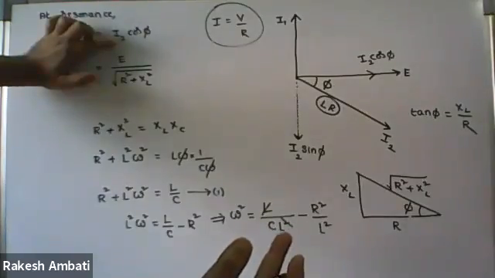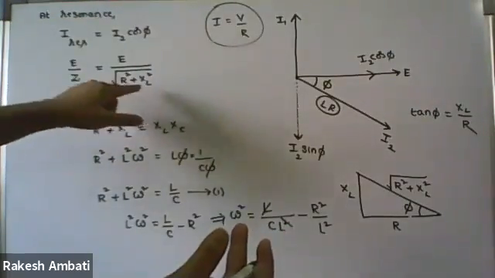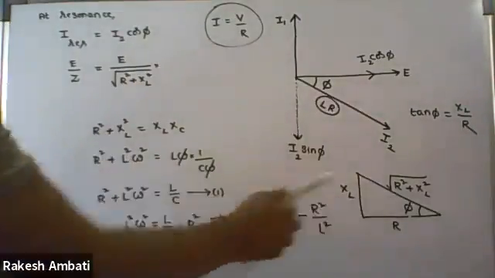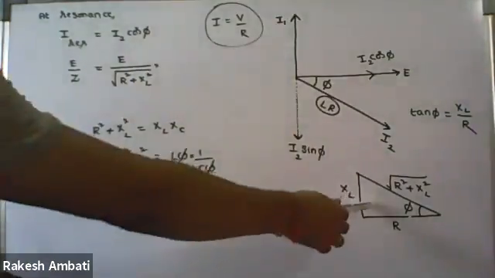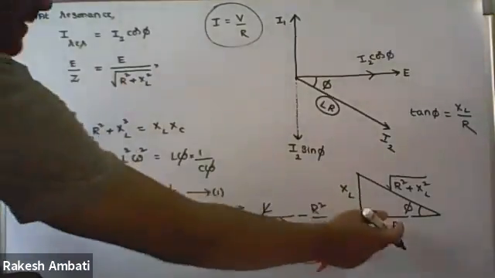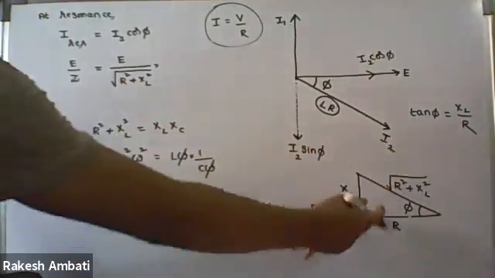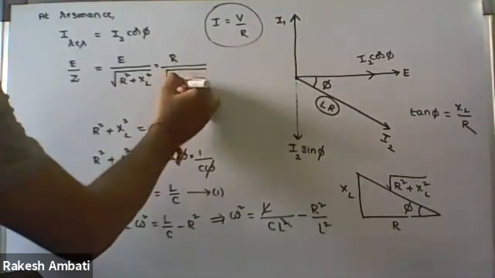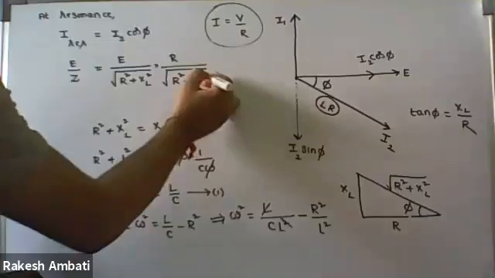So in the LR circuit, the impedance is root over R square plus XL square, into cos phi. Refer to the triangle: cos phi is adjacent upon hypotenuse, that is R upon root over R square plus XL square.